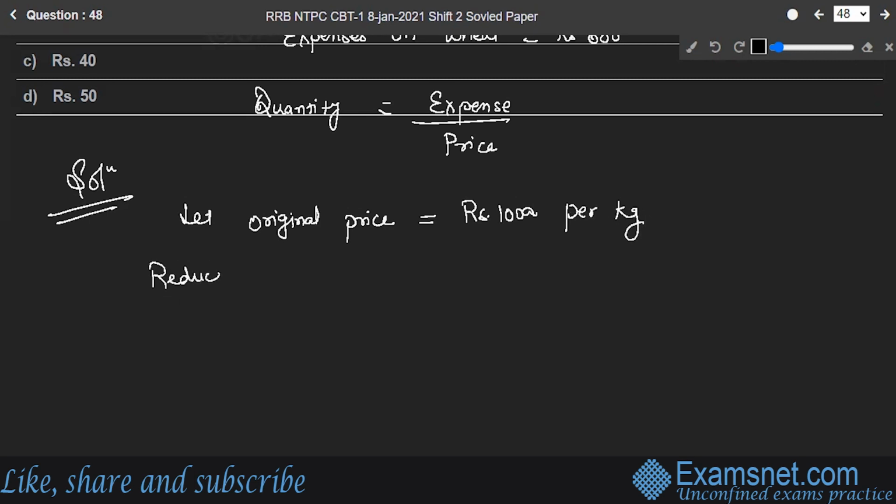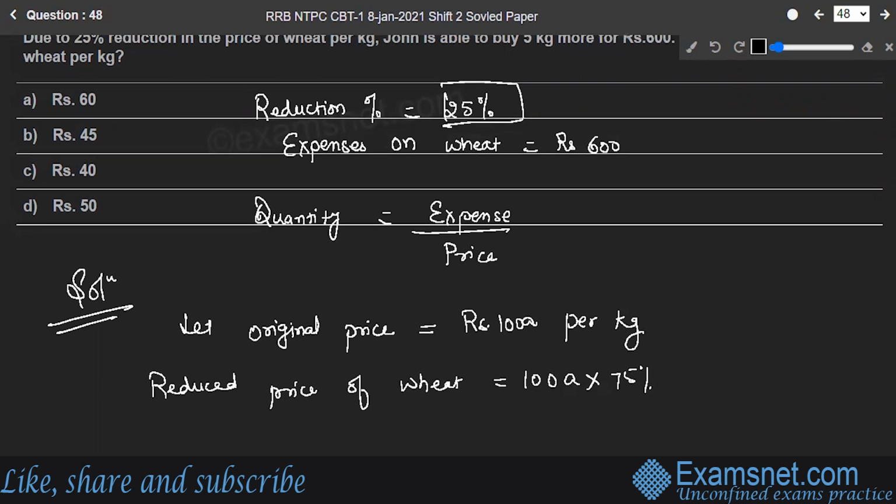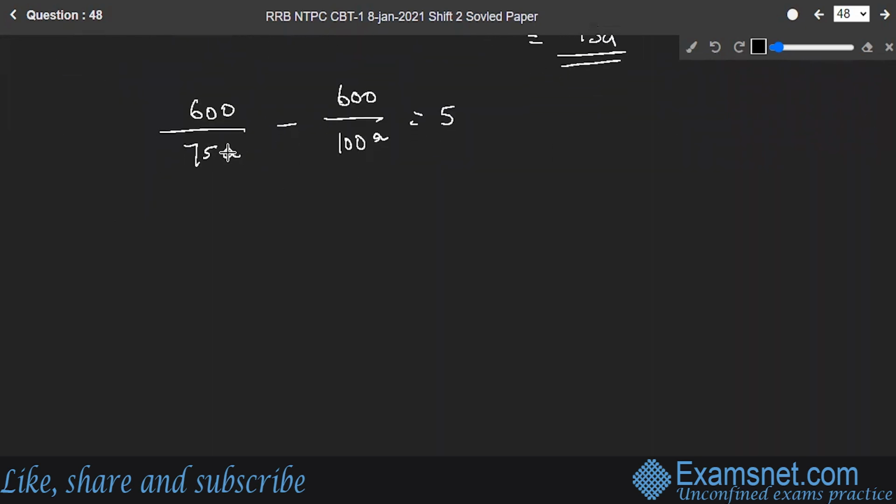So the reduced price of wheat is 100A multiplied by 75%, since it is a 25% reduction. 100A of 75% will be 75A per kg. So now, according to this question, 600, that is the quantity, 600 upon 75A minus 600 upon 100A is equal to 5, right? Let's solve it further.